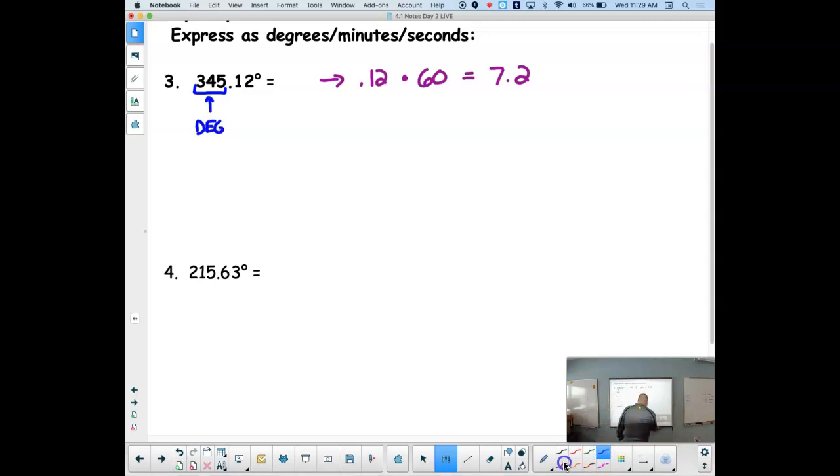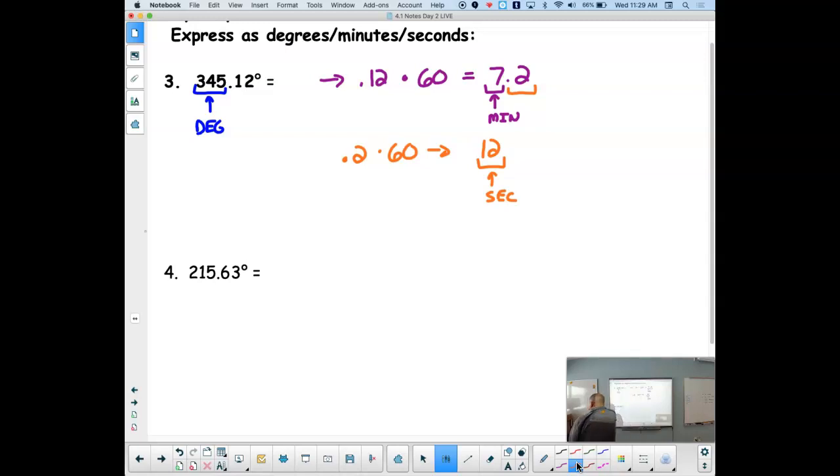The 7 of the 7.2 would be my minutes, because we want whole numbers there. But I still have this 0.2 part, so I'm going to multiply that 0.2 by another 60, and I get 12 there, and 12 then is my seconds.